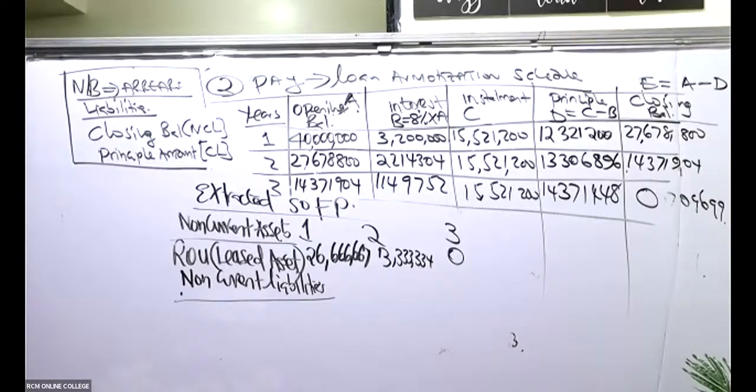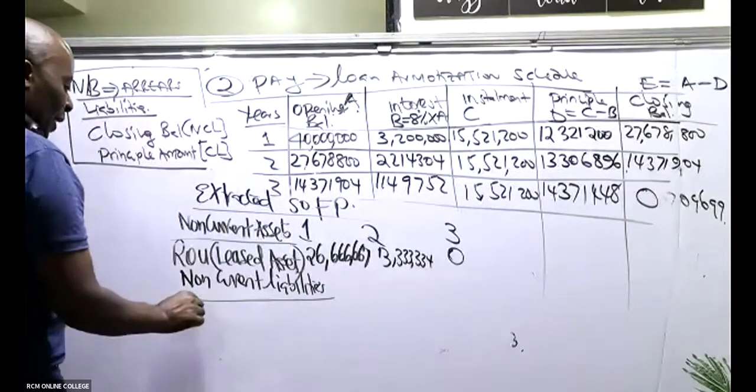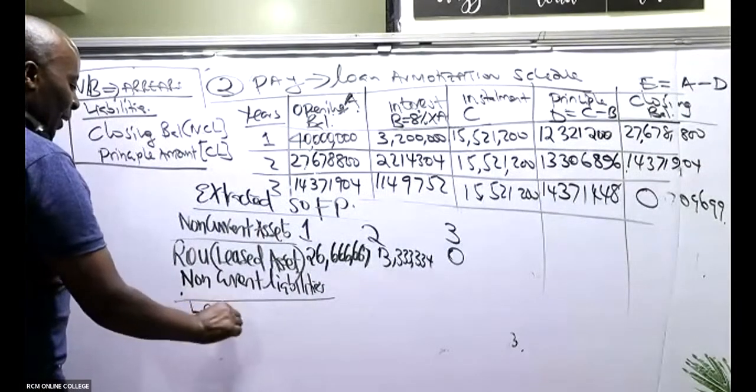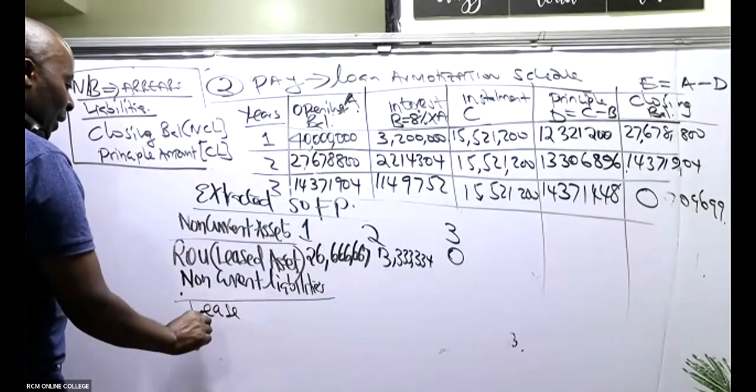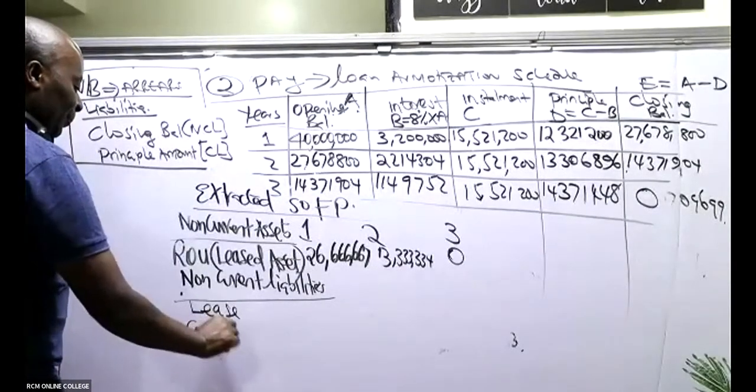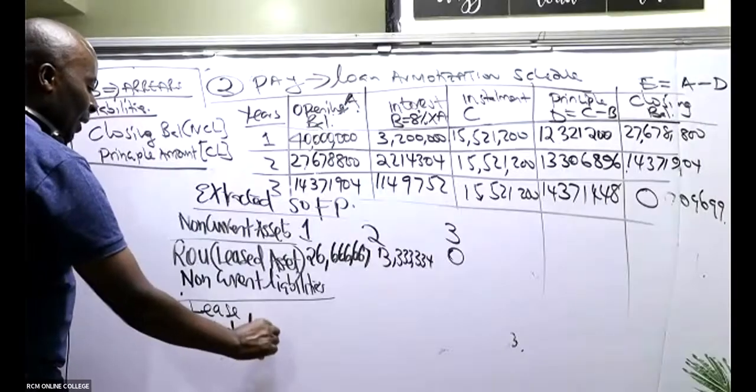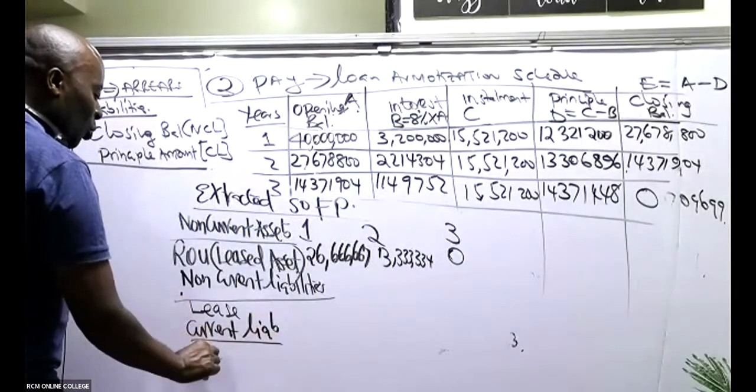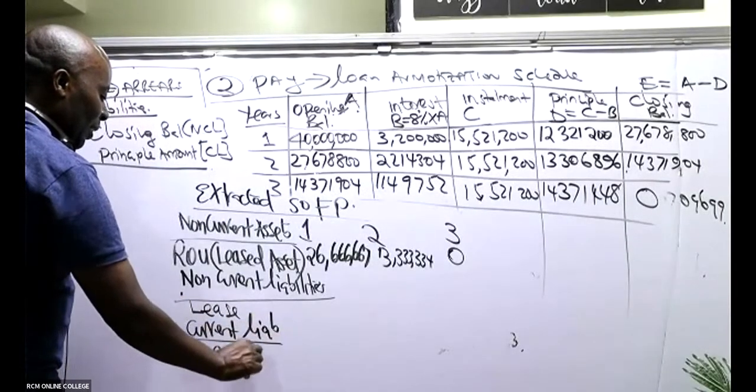So now once you have written that, under non-current liabilities, we have here lease. You will simply write lease. And also under current liabilities, you shall also write lease.